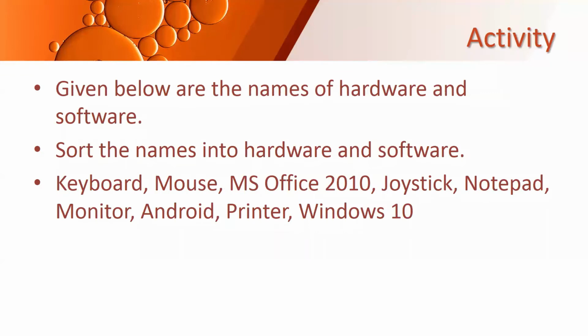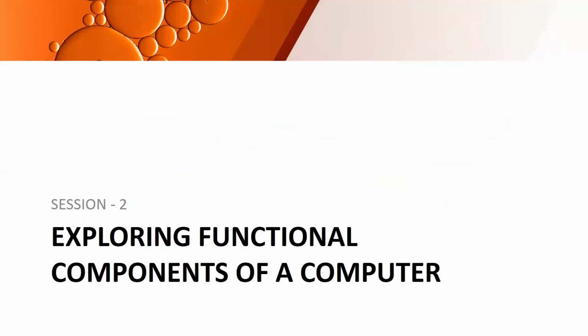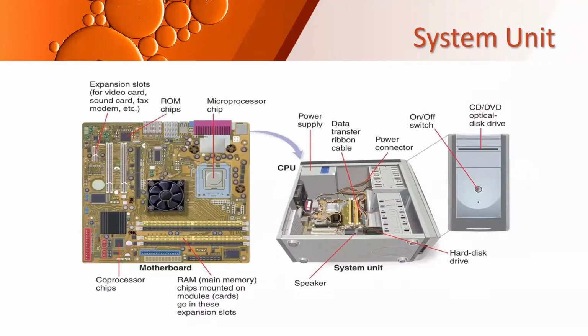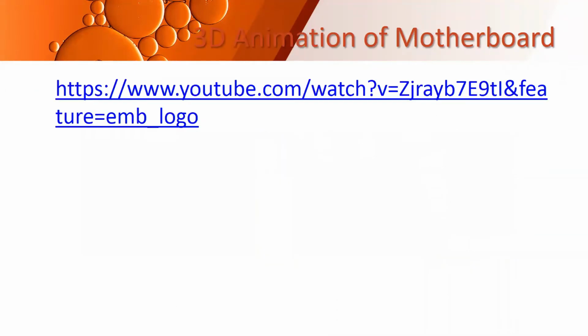What are softwares? We had done a small activity, and in the second session we had discussed what is a system unit. So this is a system unit, all the insides of the CPU box which you normally cannot see. We start with a 3D animation of motherboard.